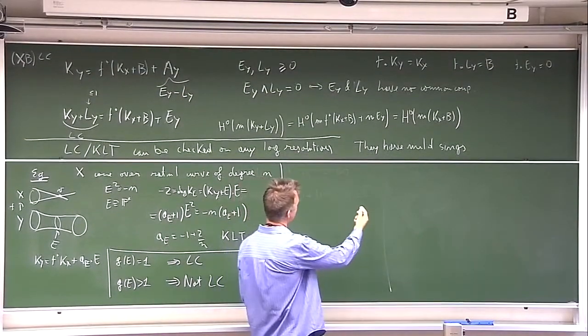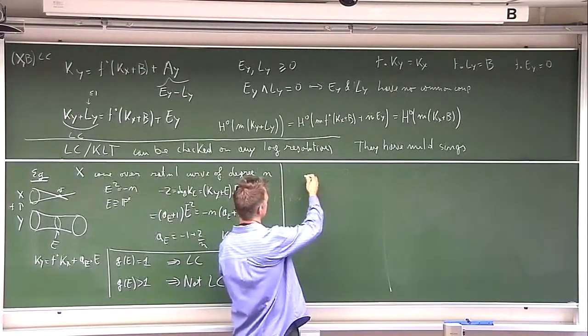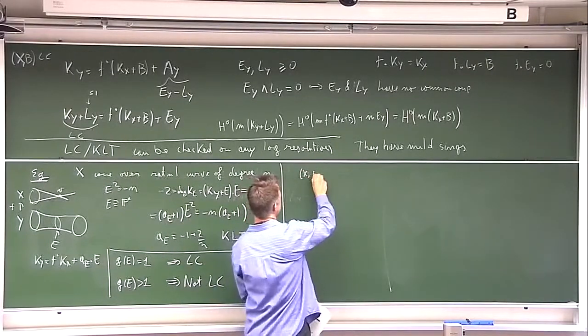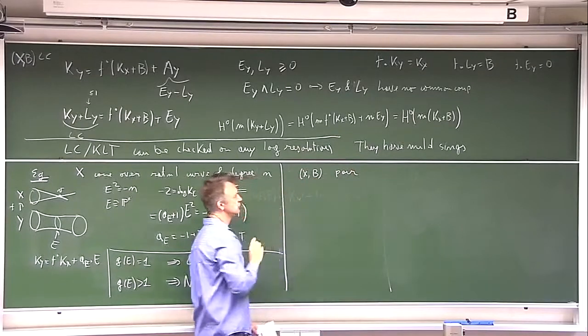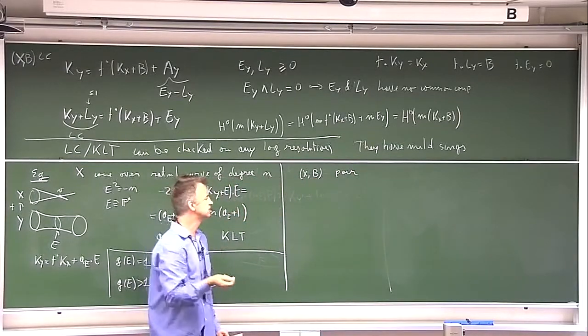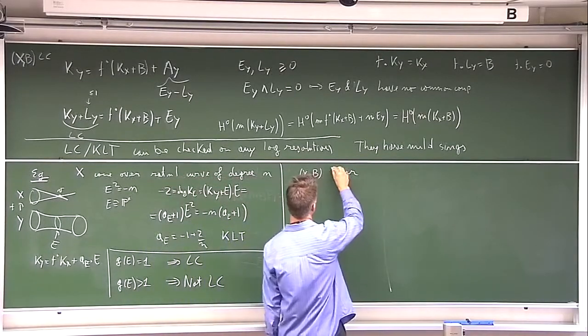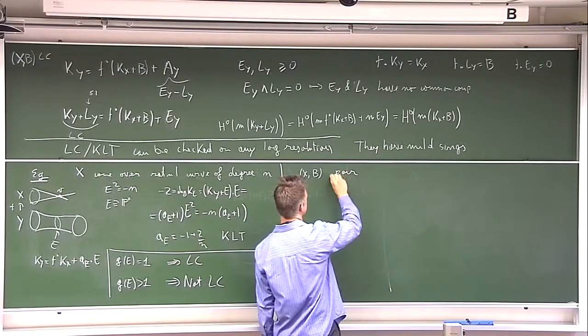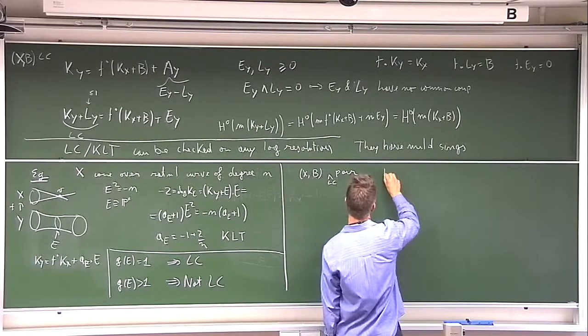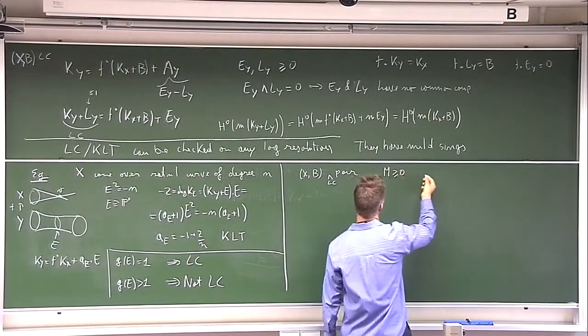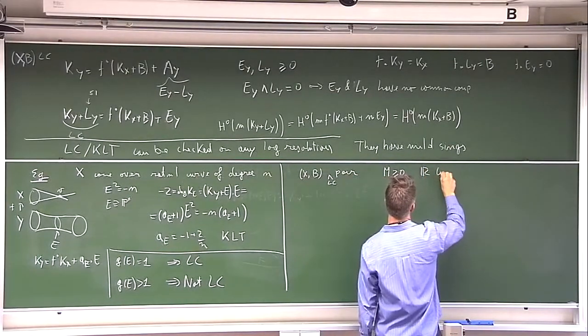So how can you compute a log canonical threshold? Well, suppose that we have a pair (X, B), and probably you want to assume that the coefficients of B are between 0 and 1. Maybe let's assume that it's at least a log canonical pair. And let's say that we pick M, some effective R-Cartier divisor.